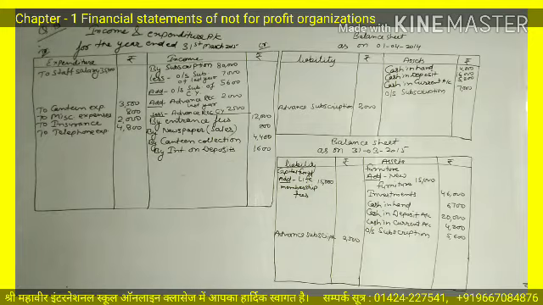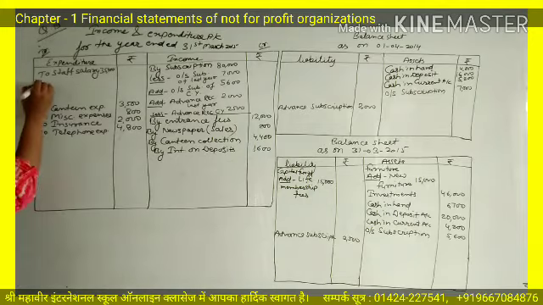Salaries outstanding, last year's and current year's, the same treatment. We will deduct last year's outstanding and we will add current year's outstanding. Outstanding salary last year, outstanding salary current year. 1200 is of last year and 1800 is of current year.